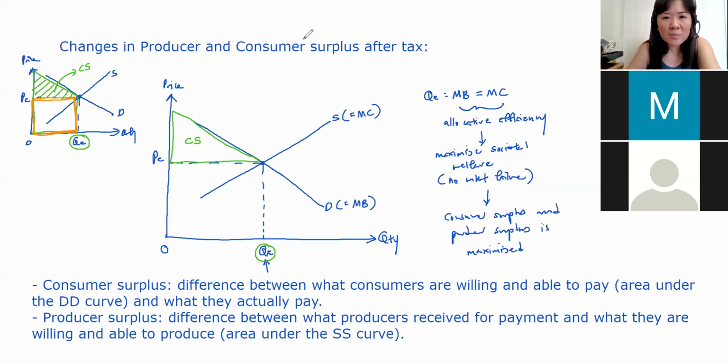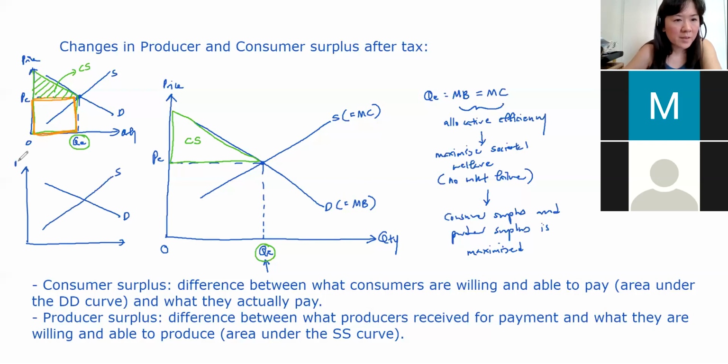Now, let's talk about the producer. Same thing: demand, supply, price, and quantity, and the equilibrium price and quantity.